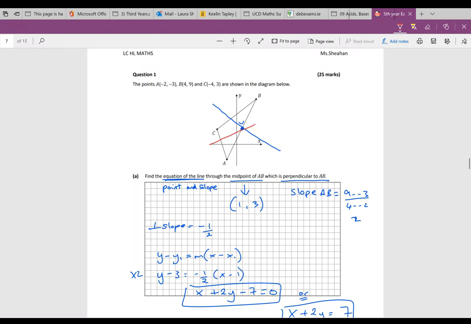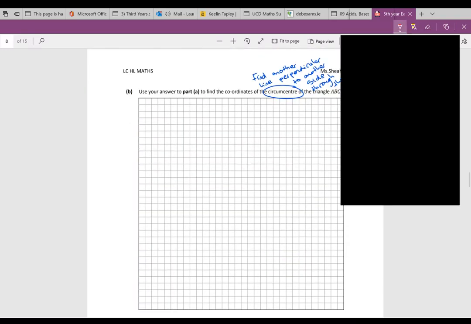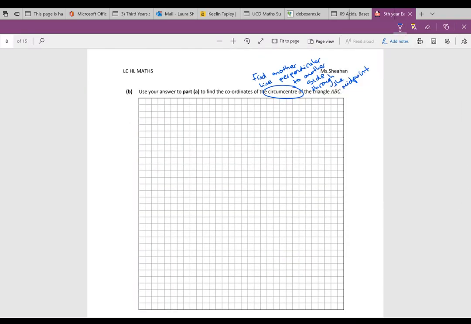My drawing isn't great here, but we're looking for something around there for the circumcenter, which means that I now need to get another midpoint. So if I get now the midpoint of AC, and again, using your formula, that should work out to be minus 3, 0. And it should look relatively like that from the graph.